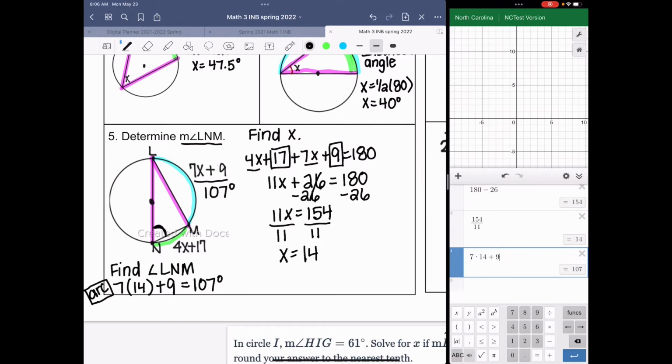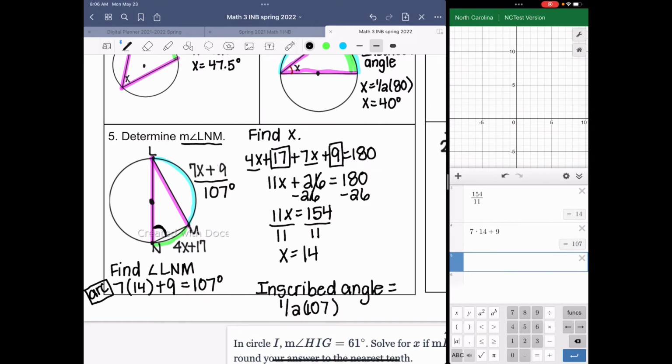Well, that's the inscribed angle. So to find the inscribed angle, we're going to say the inscribed angle is half, and the inscribed angle that we're looking for is LNM, is half of 107.